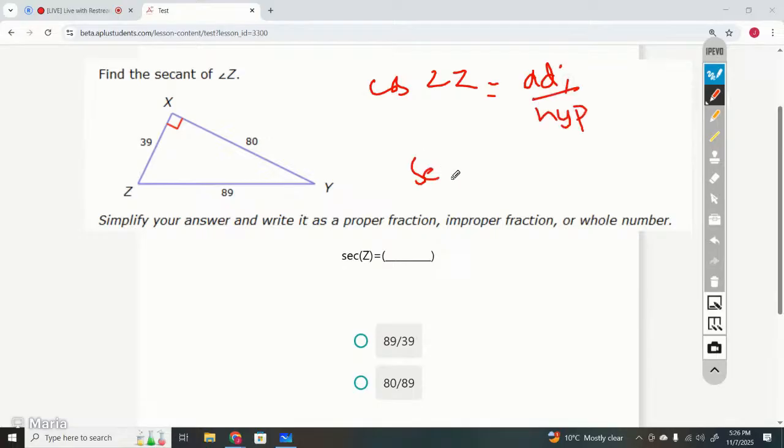So secant of angle Z is hypotenuse divided by adjacent. That is 89 divided by 39. Option number 1 is the correct option.